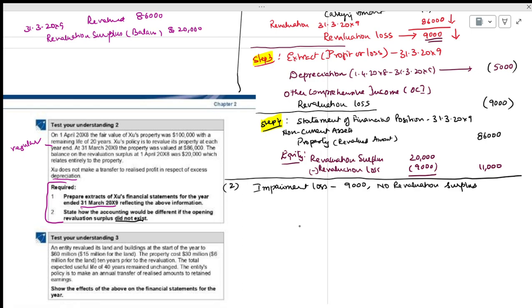Directly in the profit and loss account, we have to show it as an impairment loss. How much? 9,000. When do we show it? When there is no revaluation surplus.